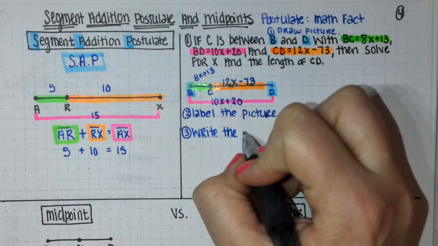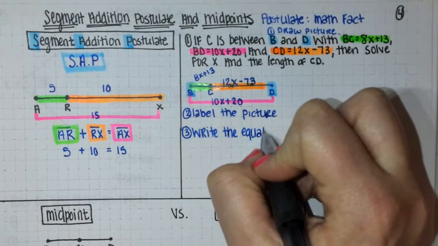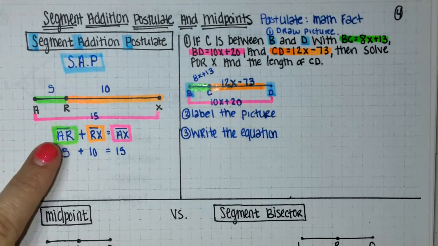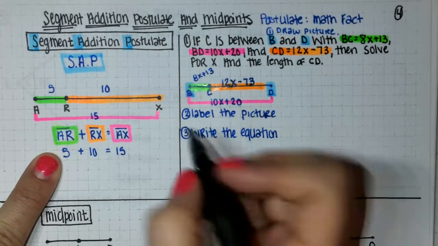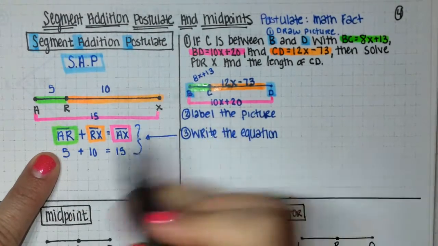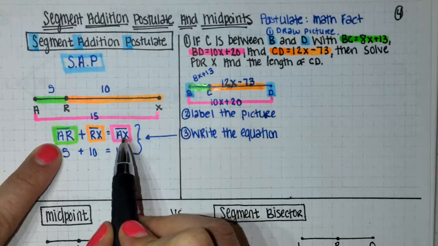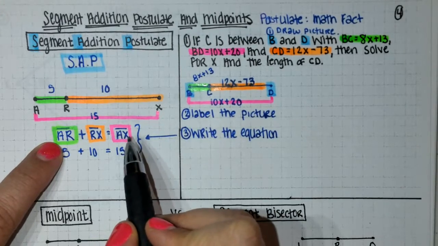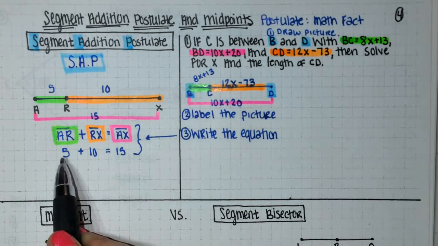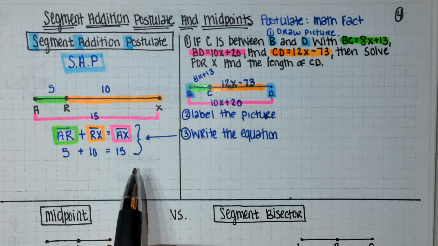Now, when you write the equation, it's really important to set it up with letters first, then numbers. So when we write the equation, it's going to look something like this. We're going to put letters first. This is called a general equation because it works for any equation. This is called a specific equation because it has specific values.